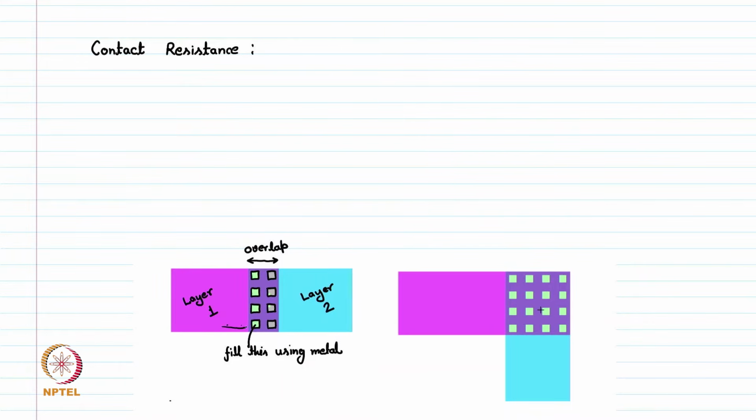So the current will flow from here all the way through this via and comes to layer 2.